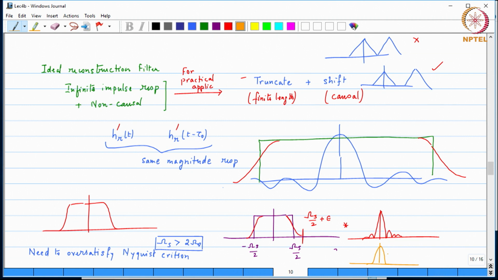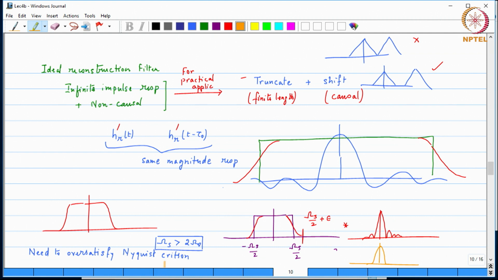Now, you would use something like this to make sure that you do not have ringing. Again, the reason I used one with ringing is to show that you should not forget that when I do truncation, there will be some side lobes which you have to worry about. But there are filters which have very low ones, and so what will happen is the main brick wall part will get widened, but you are over-satisfying the Nyquist criterion.